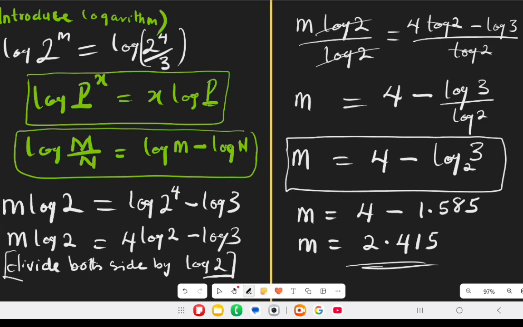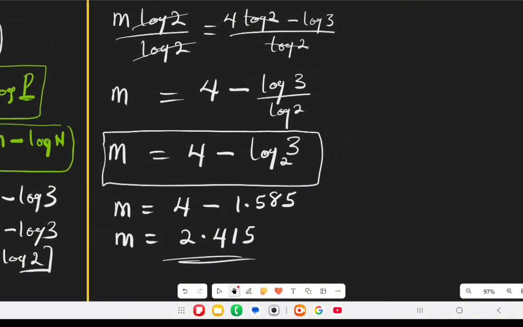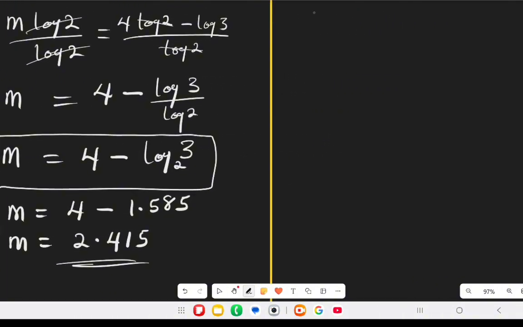Now we want to check if our answer is correct. Now check. What we do, we write down the original equation, which is 2 raised to the power of n plus 2 raised to the power of n plus 1 equals 16.